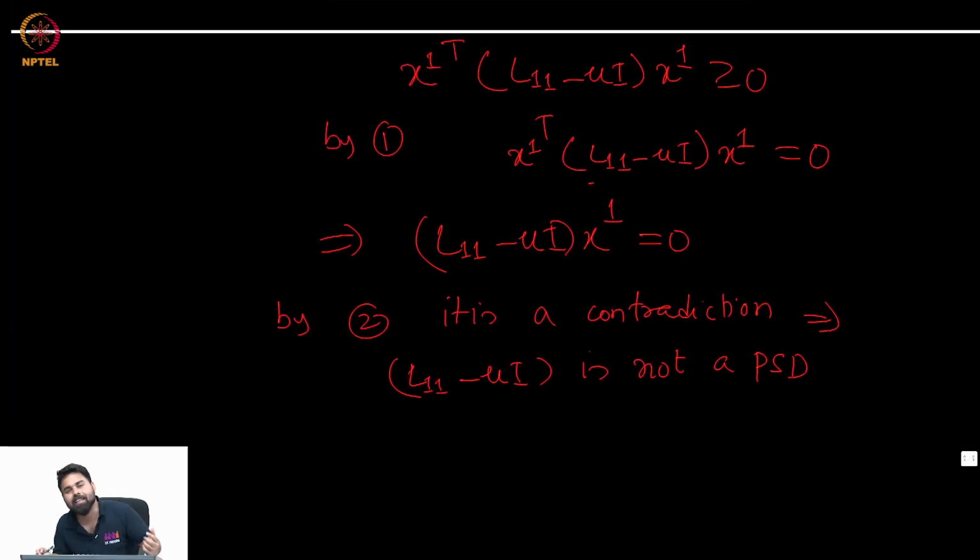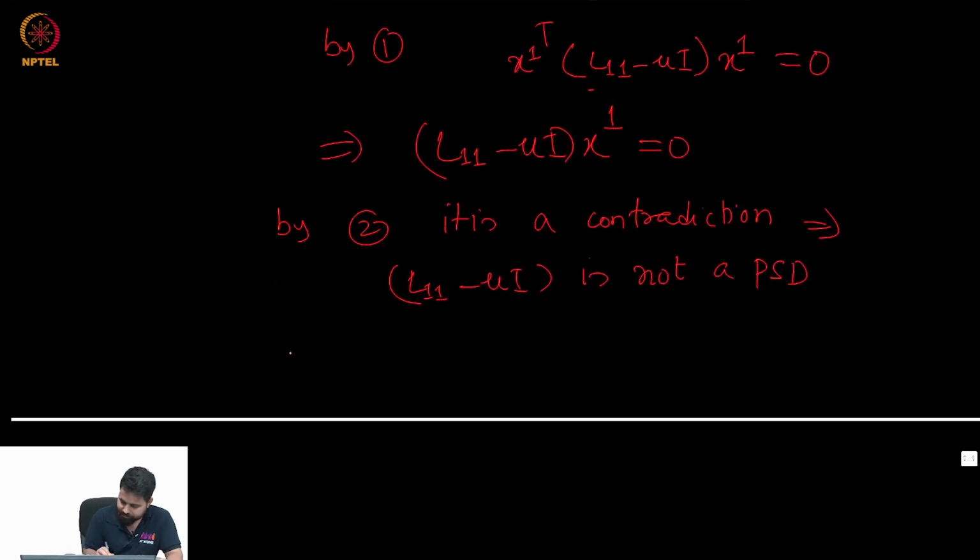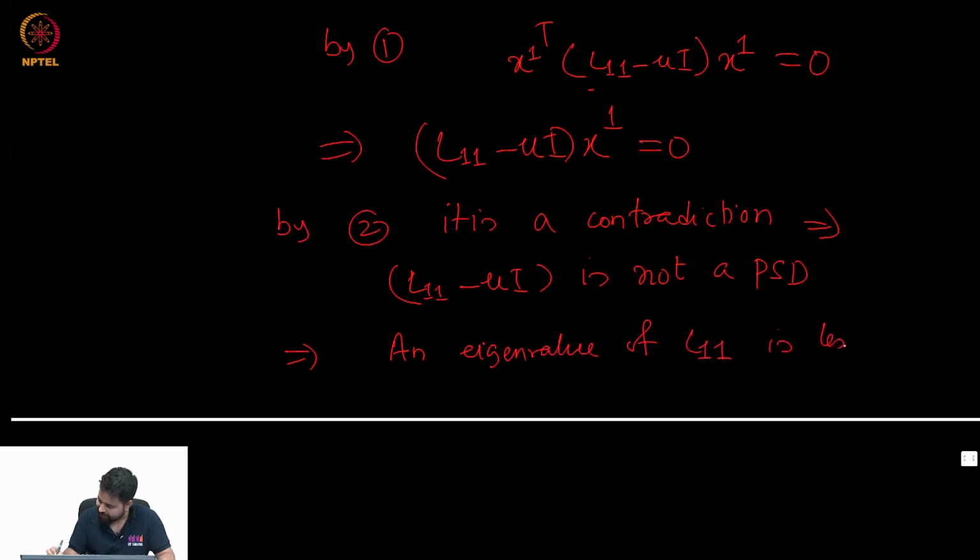This implies further that there will be at least one negative eigenvalue. That means an eigenvalue of L11 is less than mu.